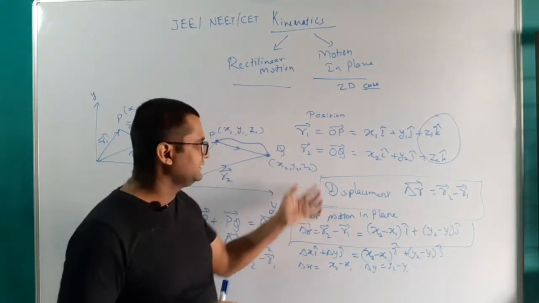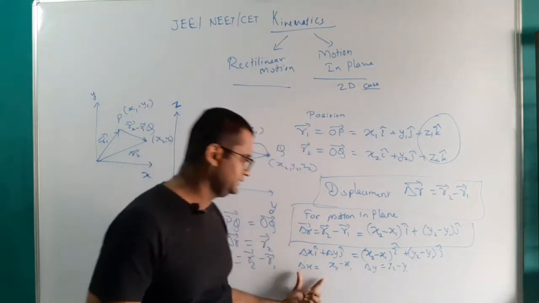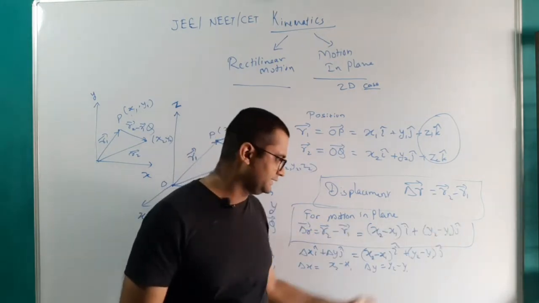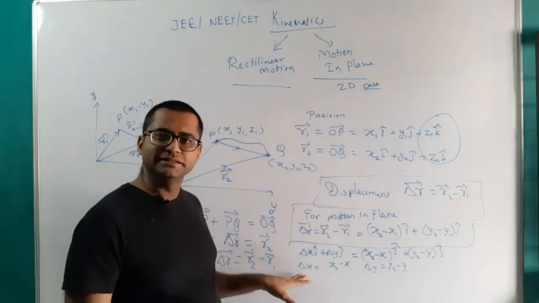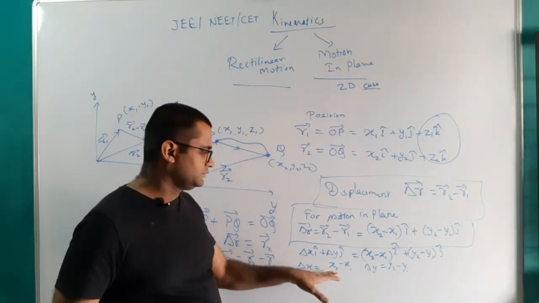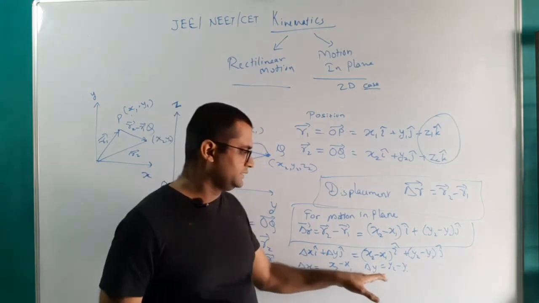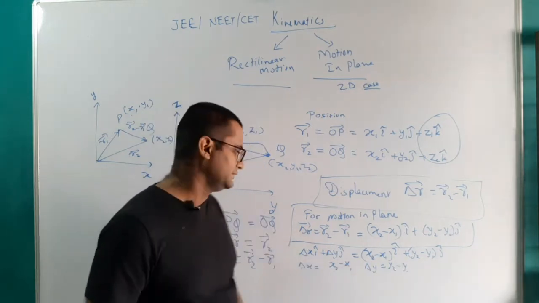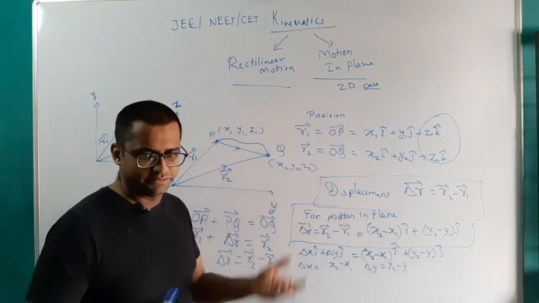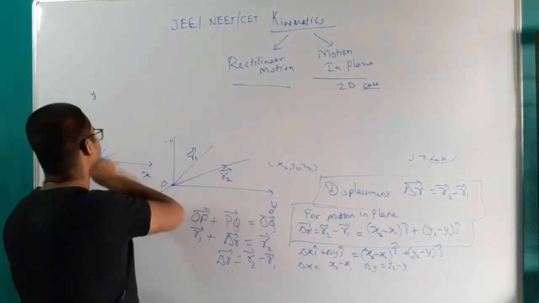We can split any motion which is in 2D or 3D into individual motions in x or y, or if it is the 3D case, then in z. So the x component of the displacement will be equal to the displacement in x itself, and the y component of displacement will be the displacement in the y coordinate itself. This is a very interesting result, and from this we can derive velocities and everything. Okay, so if we deal with velocity, what will be the formula for that?